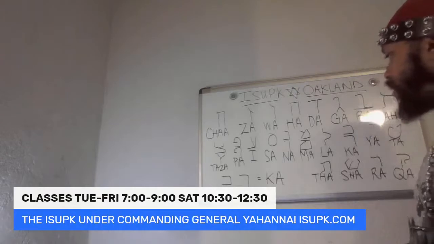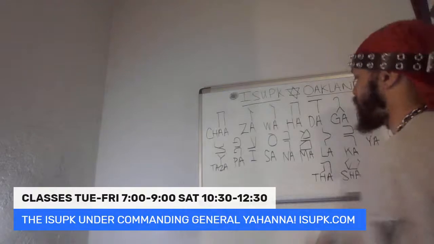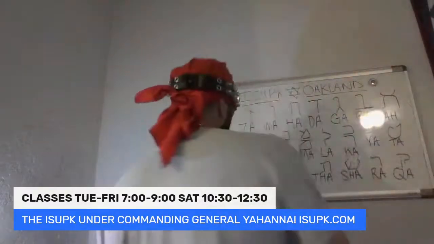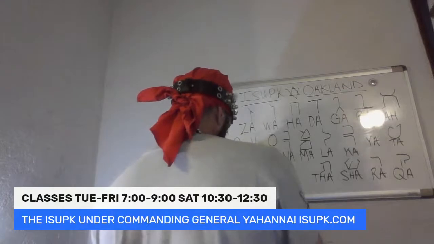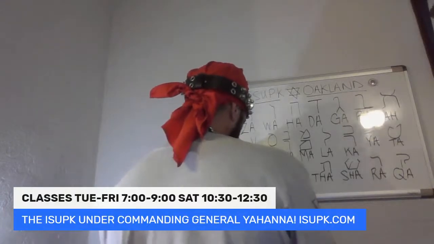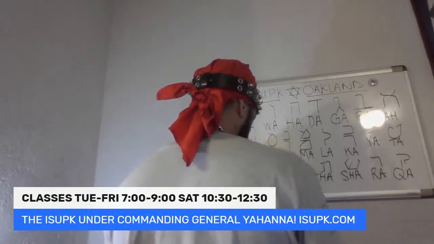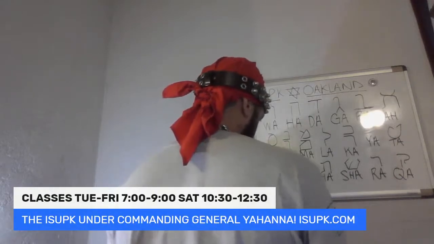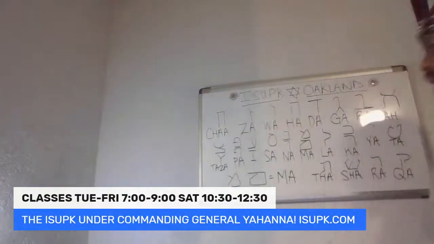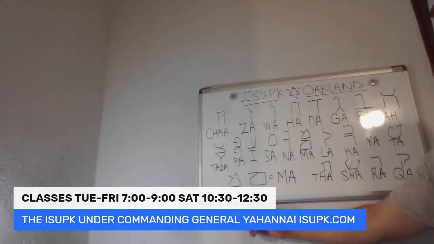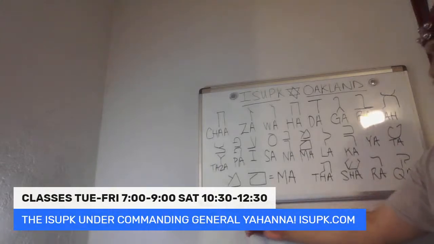The next one is Ma. Ma, if it appears anywhere but at the end, will look like this. But when it's at the end, it'll take on a different appearance. To me, Ma anywhere but the end looks like an arrow pointing downward.